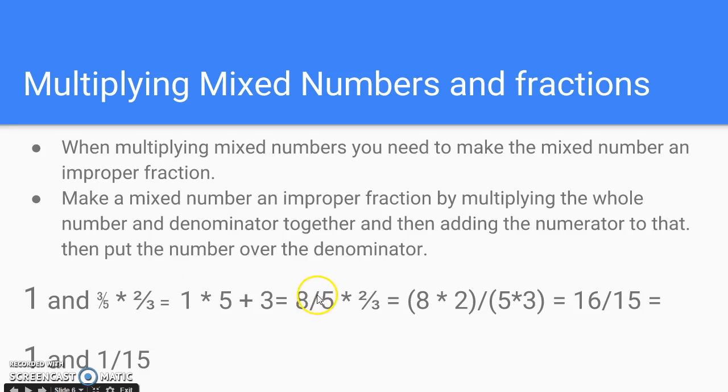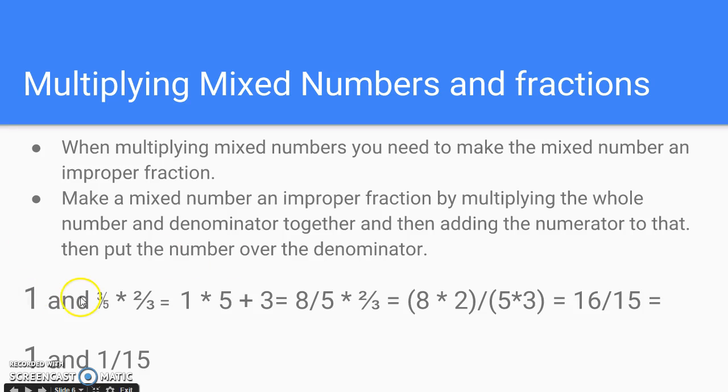When multiplying mixed numbers together, it's a little bit different, but not much different. Okay? So when you're multiplying mixed numbers together, you have to make it an improper fraction. So you need to turn the mixed number into an improper fraction by multiplying the whole number times the denominator and adding the numerator, and then you put that back over the denominator.